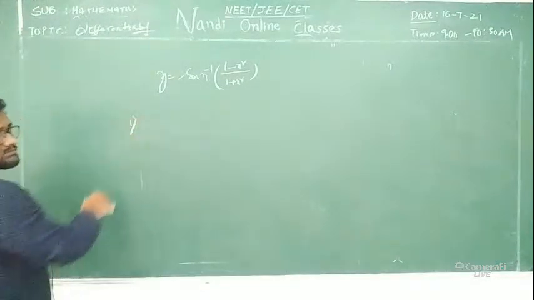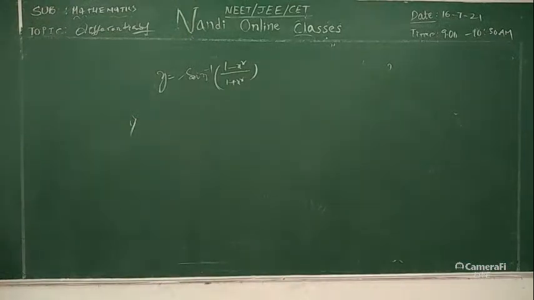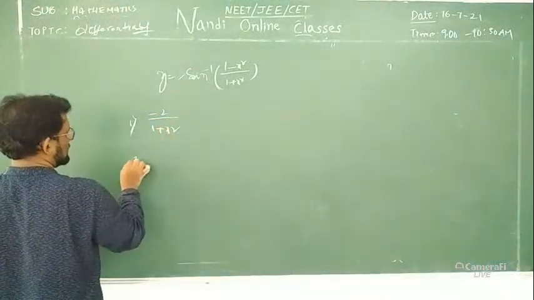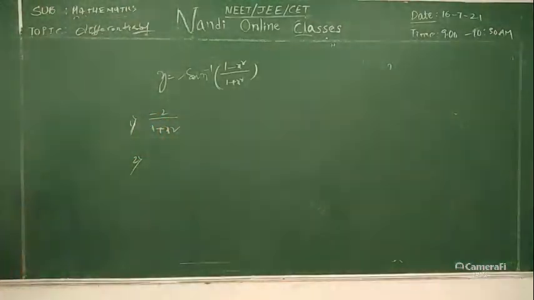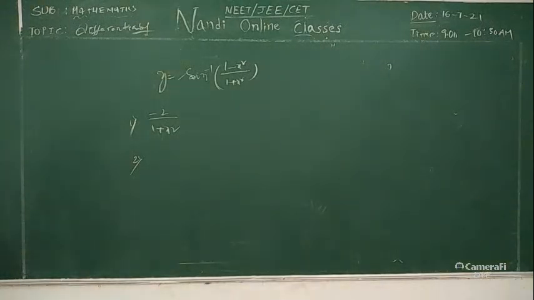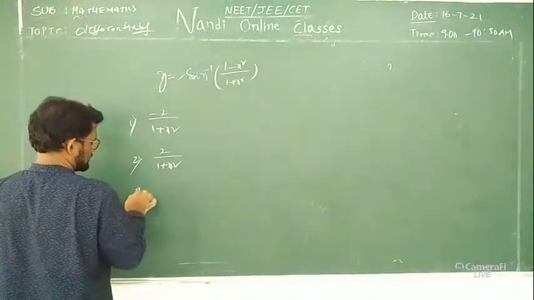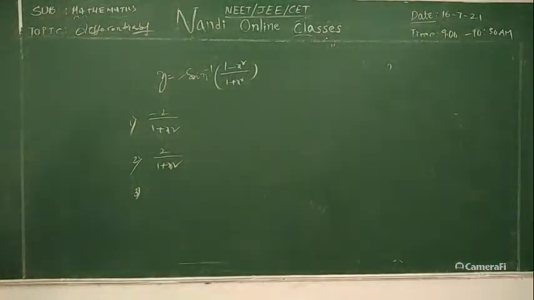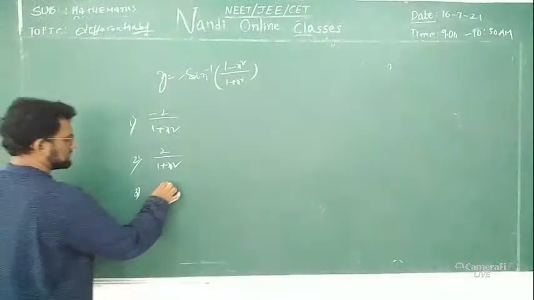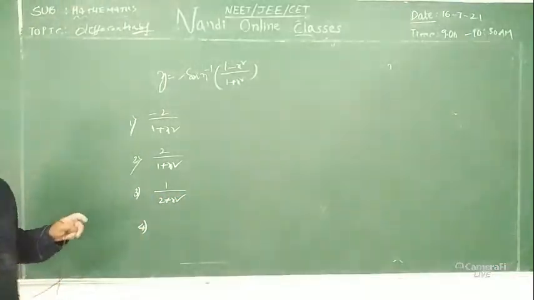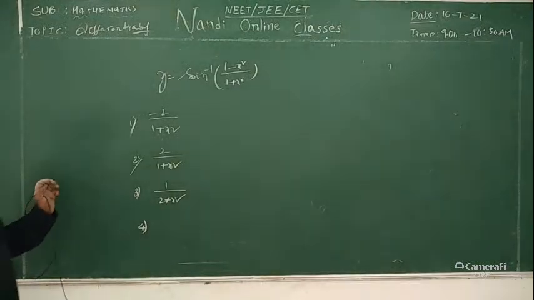First option, minus 2 by, second option, 2 by, third option, 1 by, fourth option, 2 by.